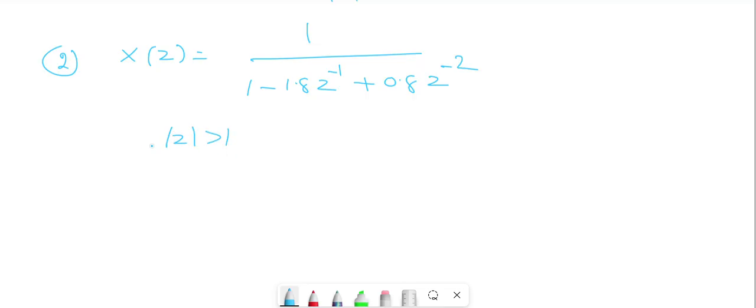I think this problem is from John Proakis. And the second condition is less than 0.8, and the third condition is greater than 0.8 and less than 1.